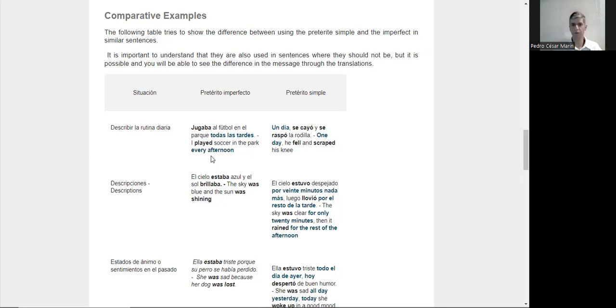Yo jugaba fútbol en el parque todas las tardes. You see, all of the afternoons, same action. Now, pretérito simple, that's the other past. One day he fell and scraped his knee. Un día se cayó y se raspó. So I'm only talking about something that happened one time.